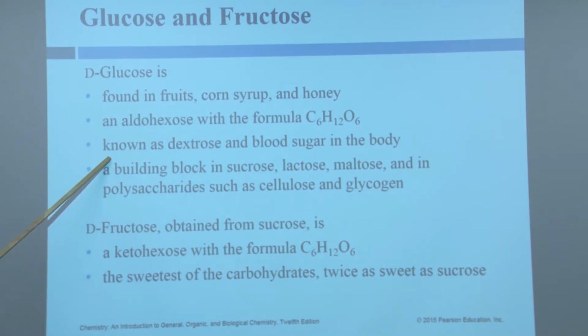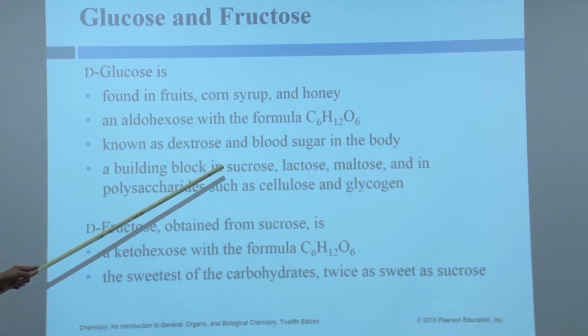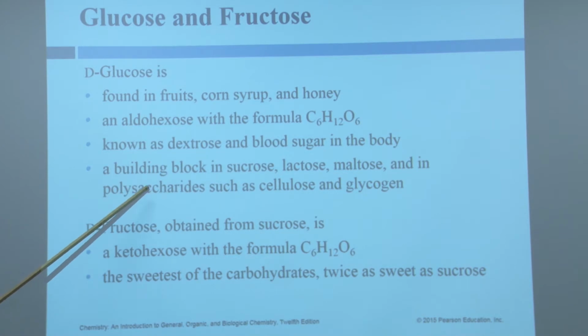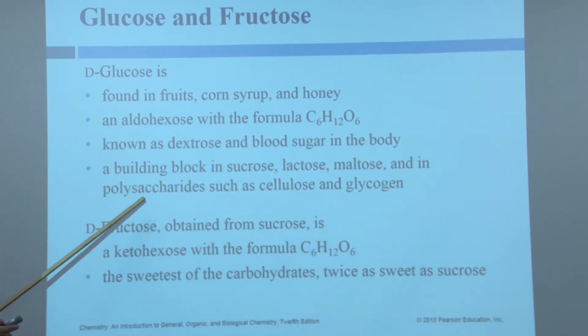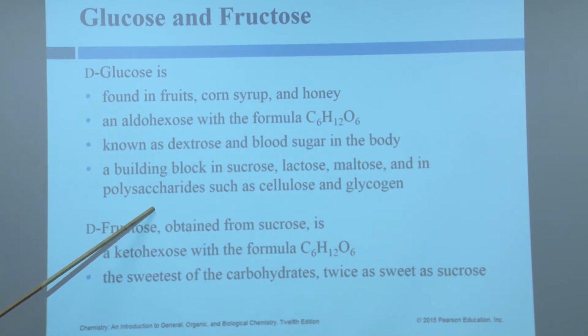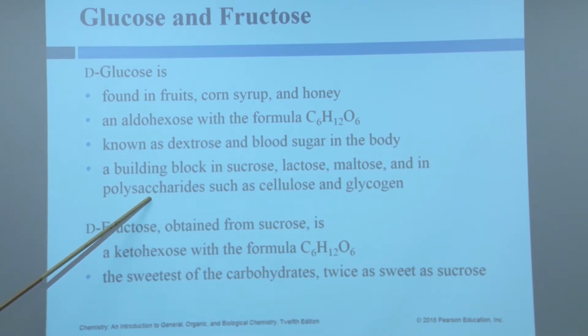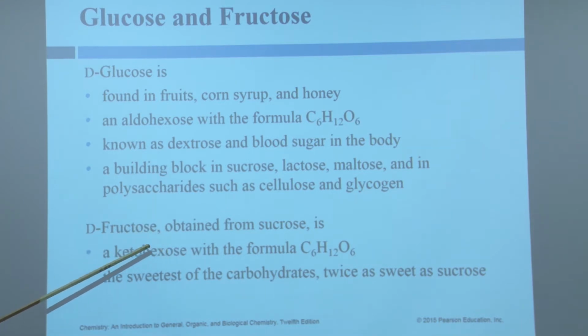It's also known as dextrose and blood sugar in the body, a building block of sucrose, lactose, maltose, cellulose, and glycogen. Glucose is a very important building block. It's a monosaccharide, a one unit, so it builds into larger molecules.